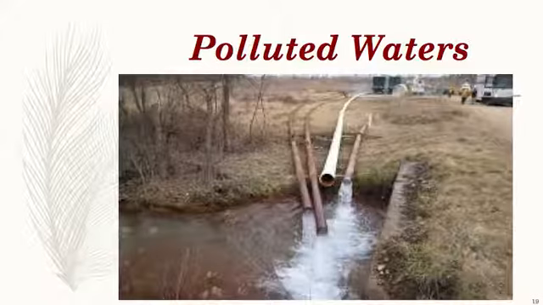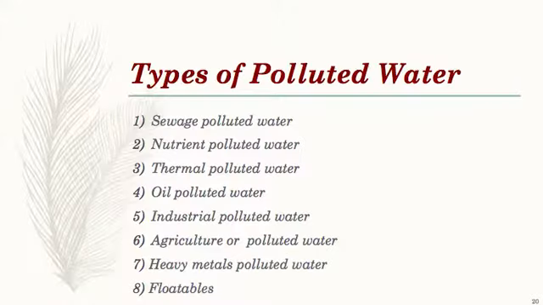Polluted water. The next topic for today's discussion is polluted water, or water pollution, that occurs when harmful substances, often chemicals and microorganisms, contaminate a stream, river, lake, ocean, or any other body of water, degrading the water quality and rendering it too toxic for humans or the environment.